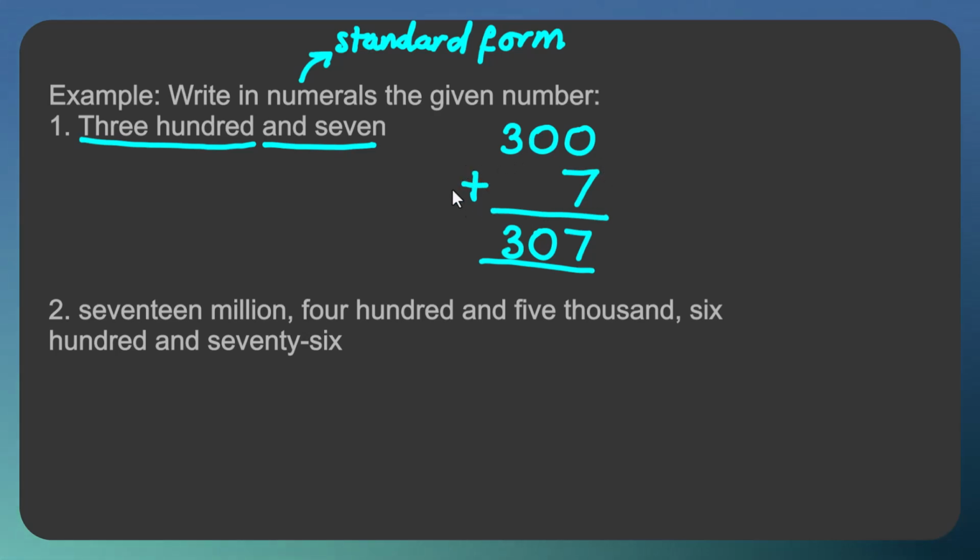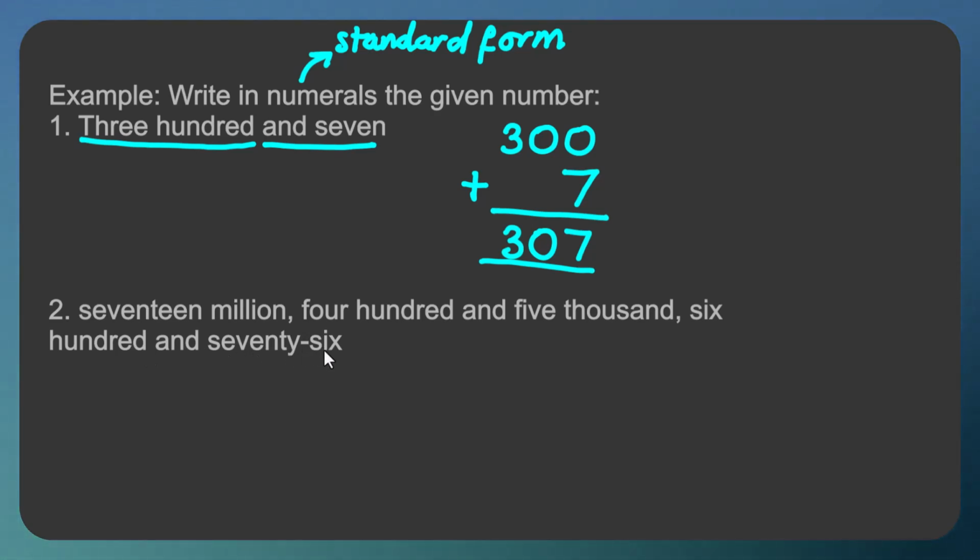Make sure that the intermediate step always shows that addition sign for you to apply to the numbers in that sentence. Now the next one is a little bit more complicated, but with steps we'll be able to achieve this problem. This second question says that we have 17,405,676.